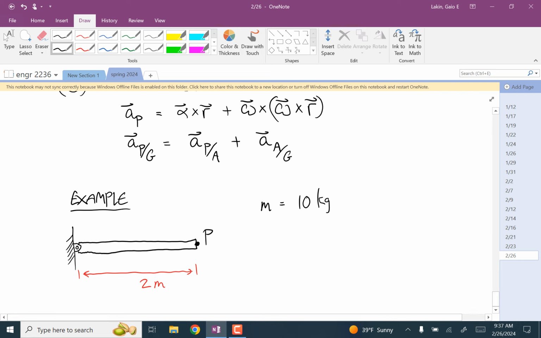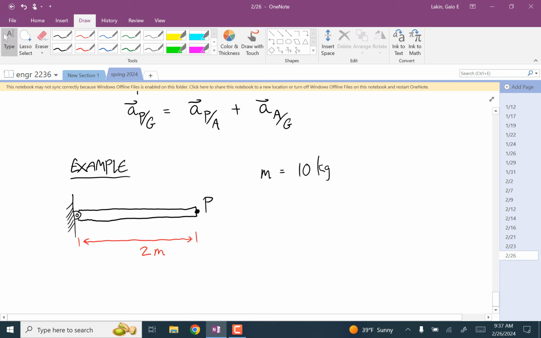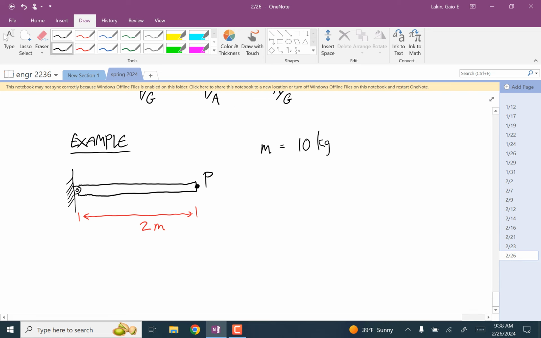And we'll call this point P. So what's the acceleration of that point P?